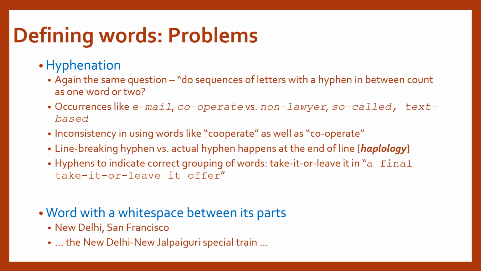Some tokenization algorithms might want to keep them as two separate words, New and Delhi, and then in the subsequent steps perhaps they will try to club them.